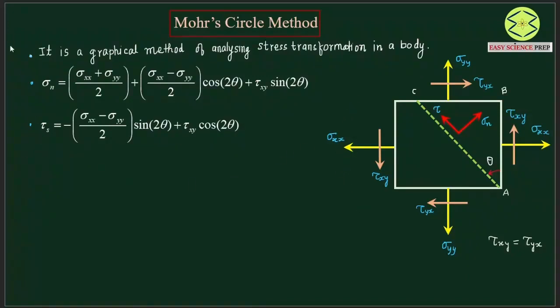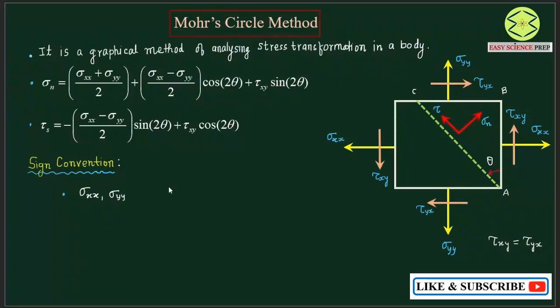Now there exists a sign convention here. You have to follow the sign convention whenever we are using the analytical method. As far as these two expressions for normal and shear stresses are concerned, we follow some sign convention, so let me list them down. The first sign convention is for sigma xx and sigma yy.